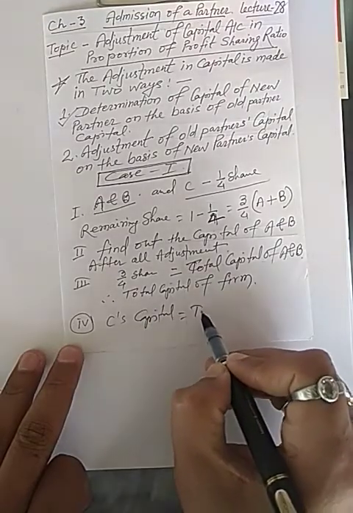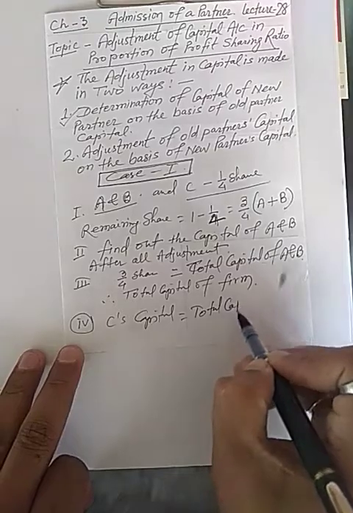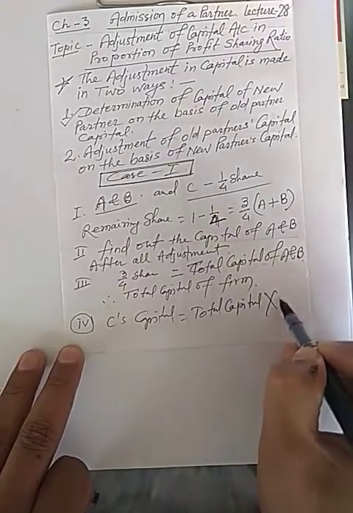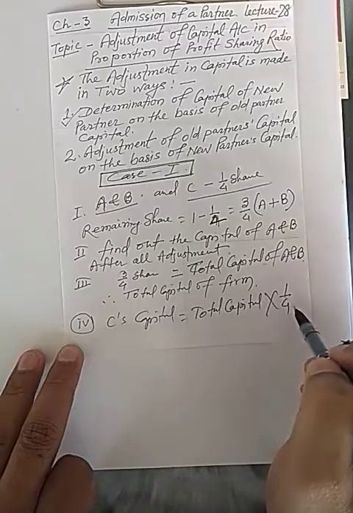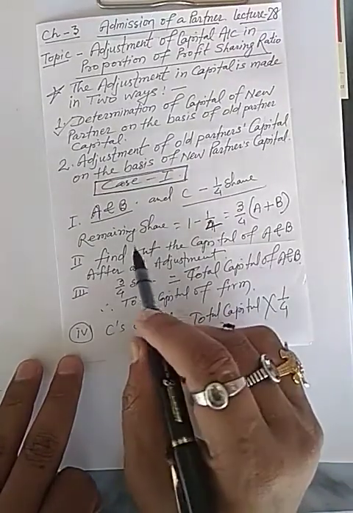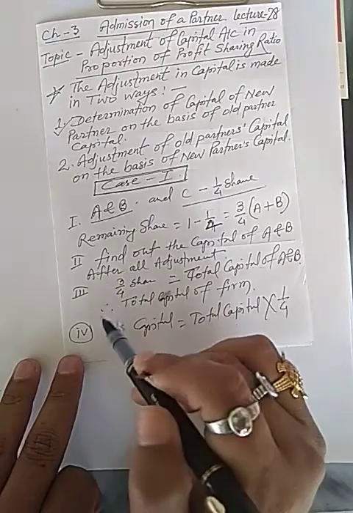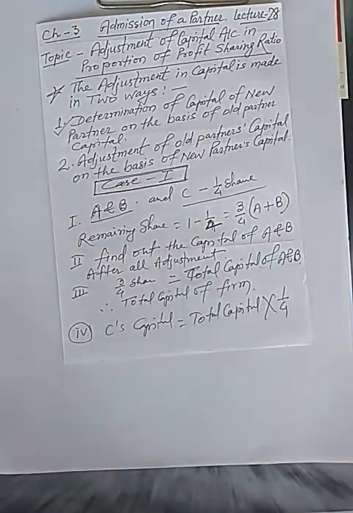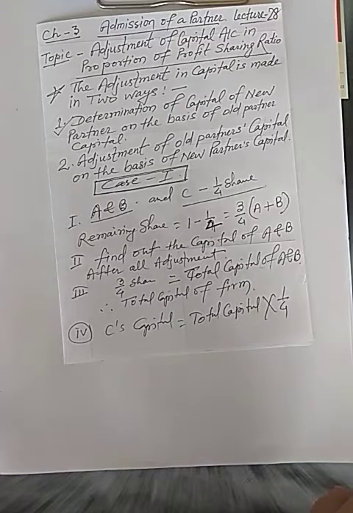It will be total capital into 1/4 share. So these are the steps involved for calculation of new partner capital. Now see some illustration based on some question based on this topic.